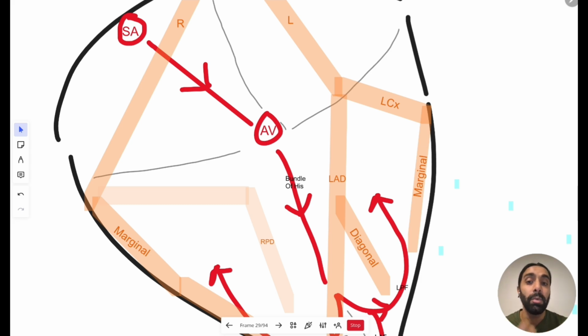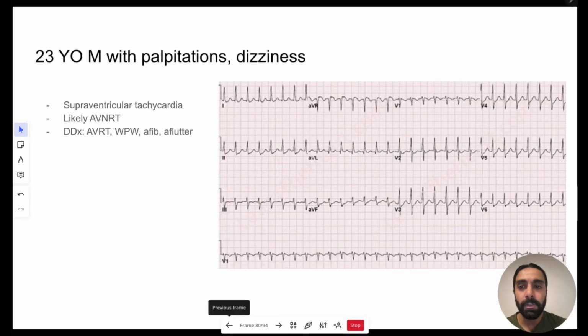We don't want to see P waves after a QRS. And so this is one of those rules you want to follow. If you see a P wave after that QRS is formed, then there's an action potential that forms away from the bundle of His, and that's why you see a P wave after the QRS.